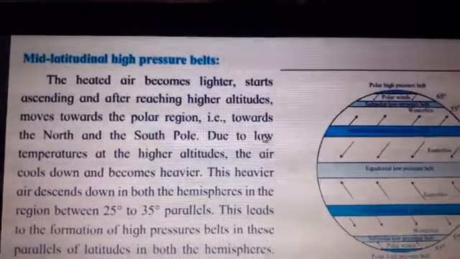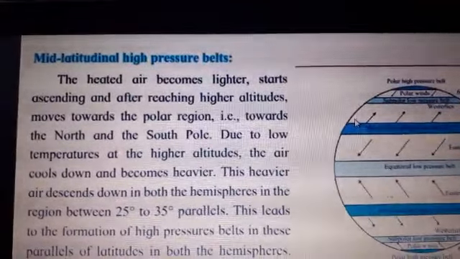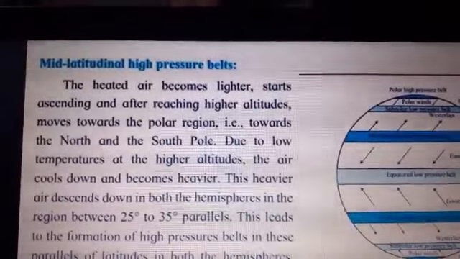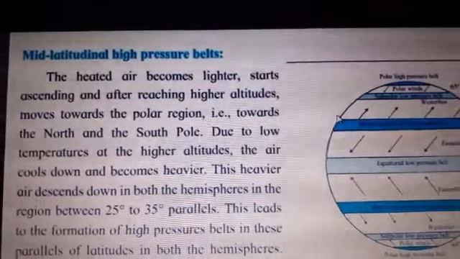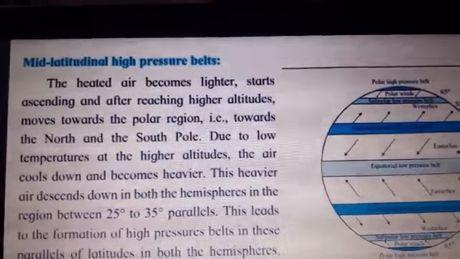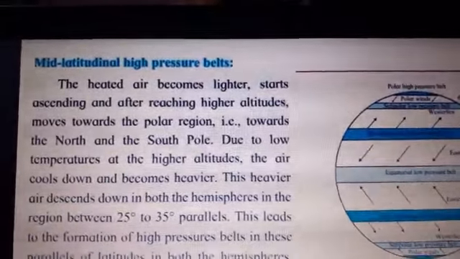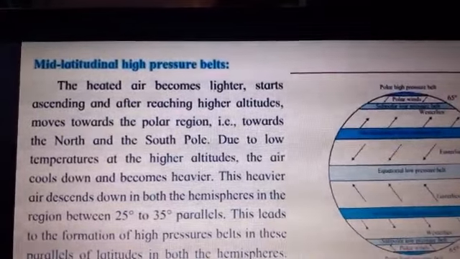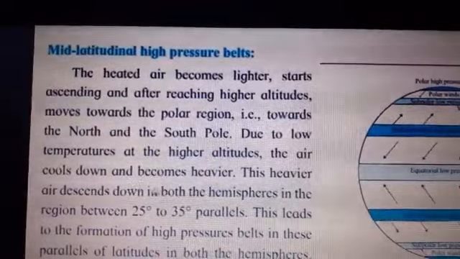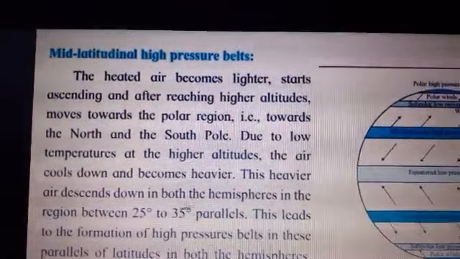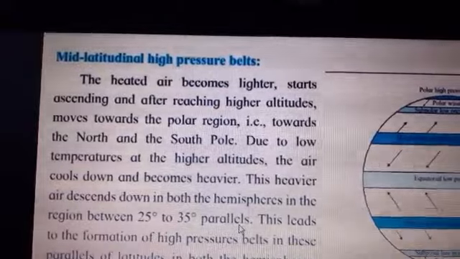How is the temperature? The heat received at a particular height is less, and therefore the air is very, very cool, and so it becomes heavier. Why? Because the cloud formation, the raindrop formation starts taking place. Condensation process starts in the higher altitudes. This heavier air descends down in both the hemispheres in the region between 25 to 35 degree parallels.